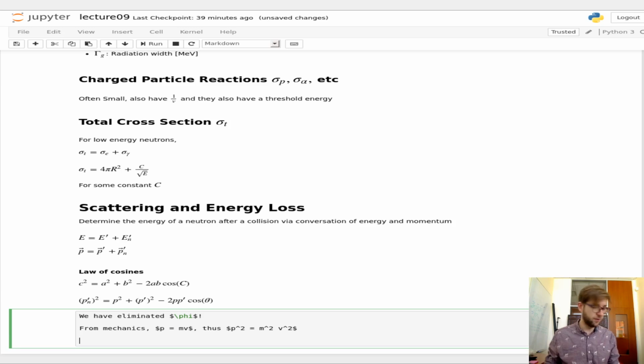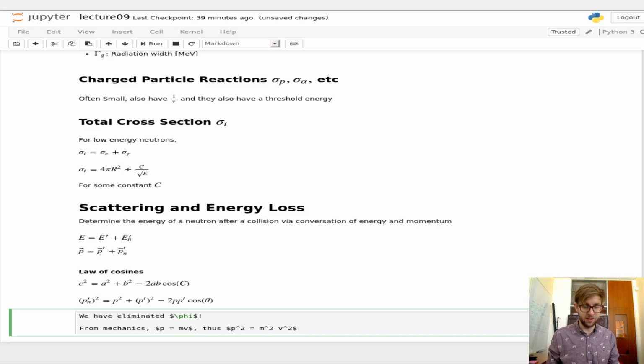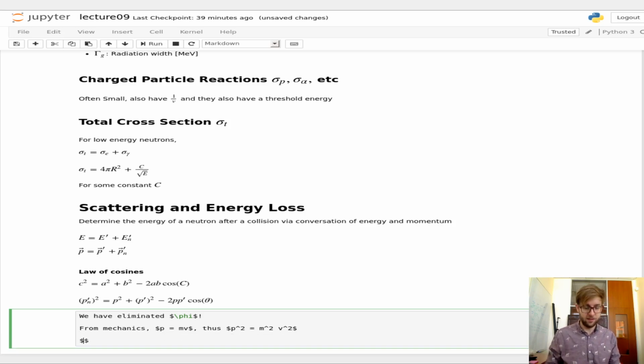And we also know from previously in this lecture, and from mechanics, that the velocity squared is equal to 2 times the energy divided by the mass.